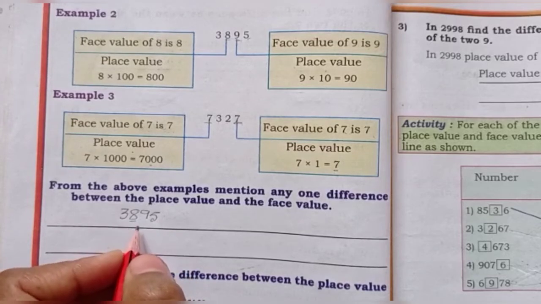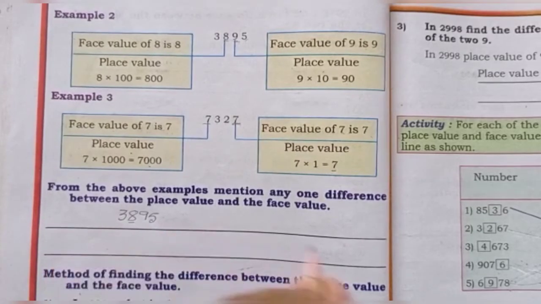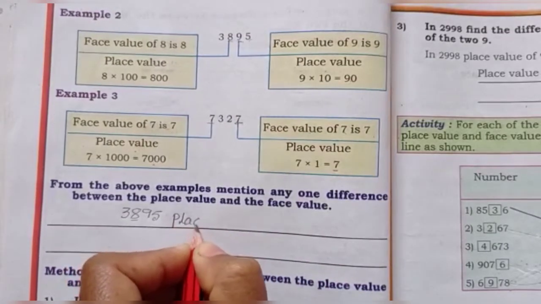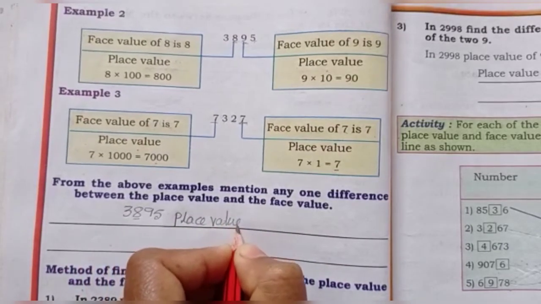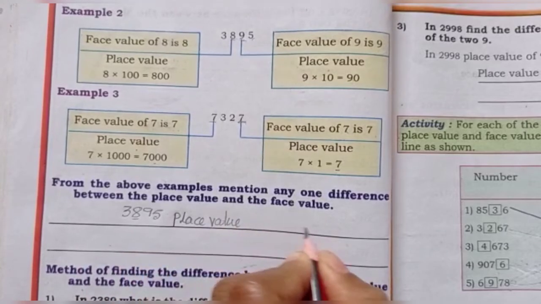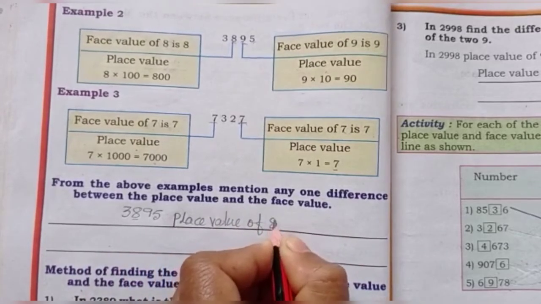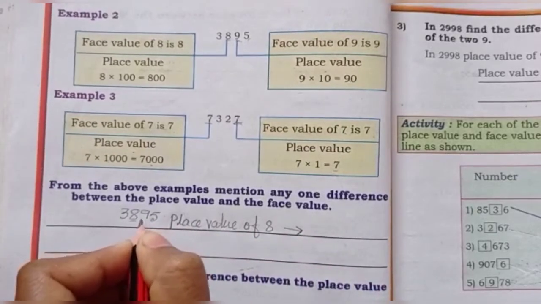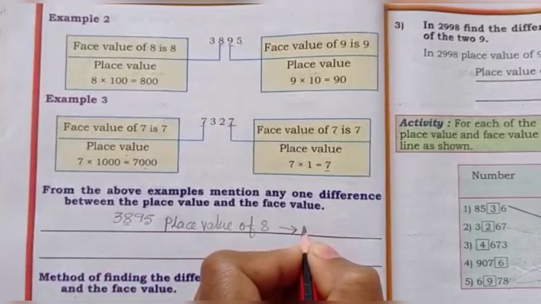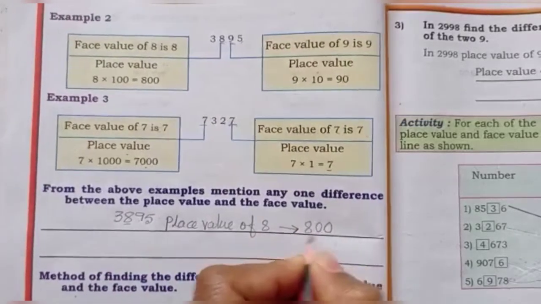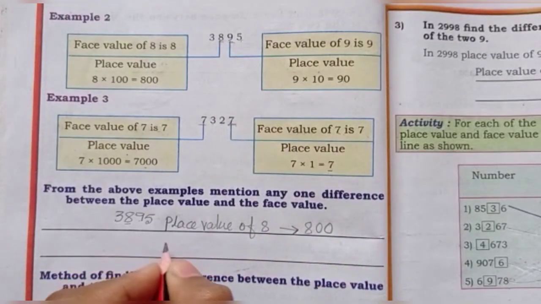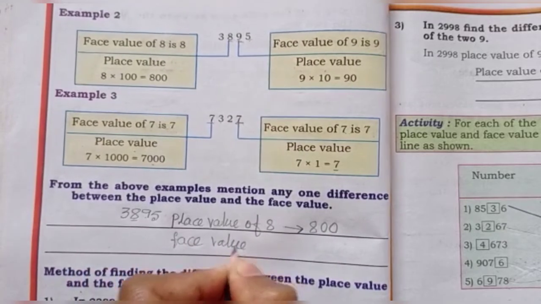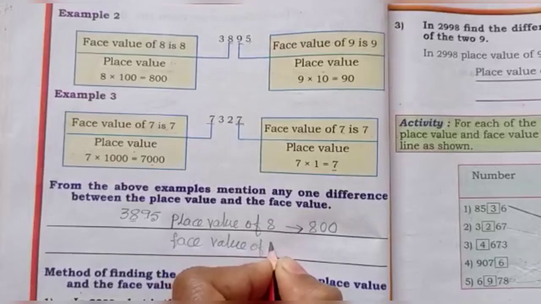First of all we identify the place value in this number. Place value of 8 means units, tens, 100. So write 800. And next its face value. Face value of 8 is 8.